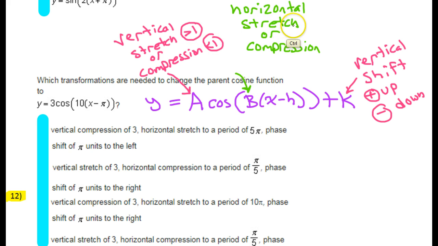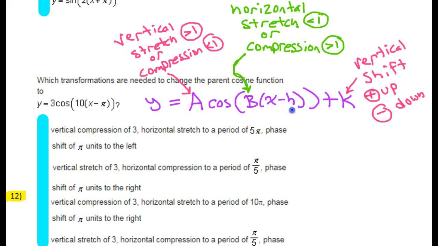So it's going to be a stretch, actually, if this number is less than 1. All of the things that happen inside the function are the opposite of the way they normally would look. So a stretch is actually when the number is small, when it's less than 1. And it will be a compression actually when this number is bigger than 1. Okay, so that's very interesting. So that's the b value.